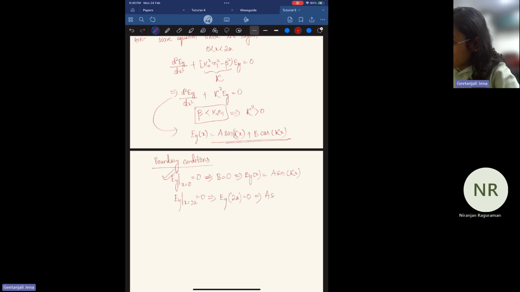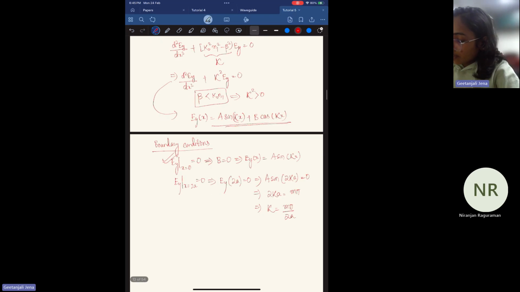That means A sine 2 kappa a should be 0. So 2 kappa a will be m pi. So kappa will be m pi by 2a. Right?